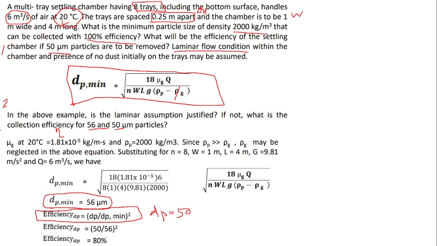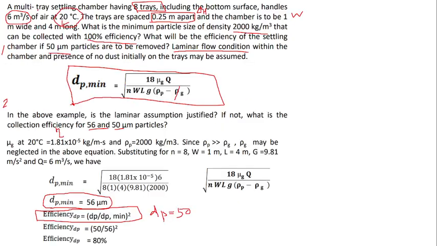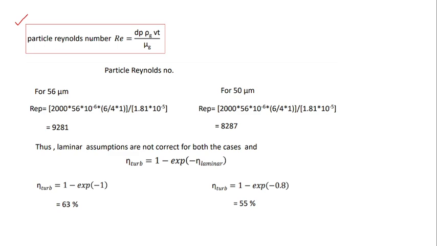What they are asking in the second part is, in the above example, is the laminar assumption justified or not? If not, what is the actual collection efficiency for these 56 and 50 micron particles? To find whether the laminar assumption is right or not, we should use the particle Reynolds number.